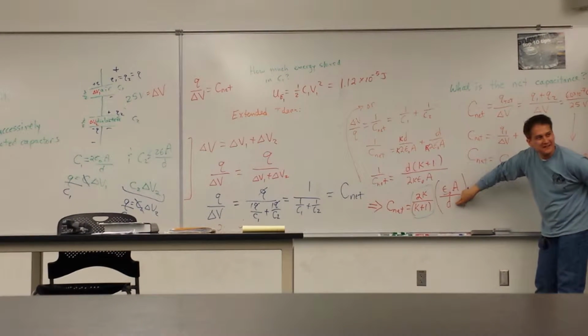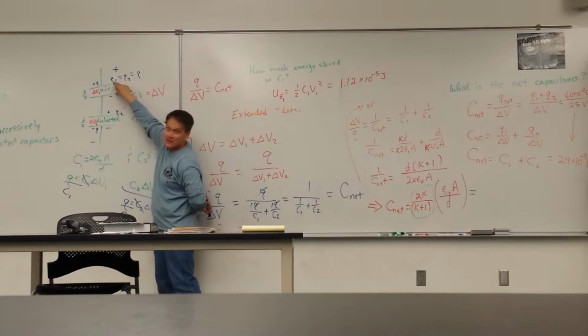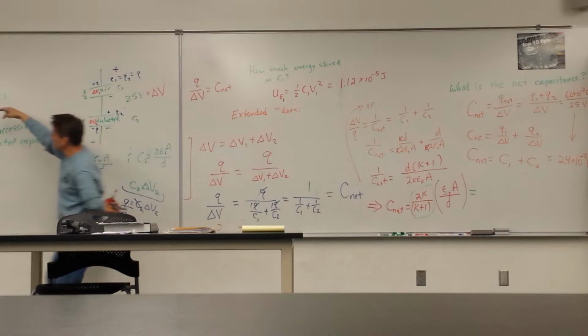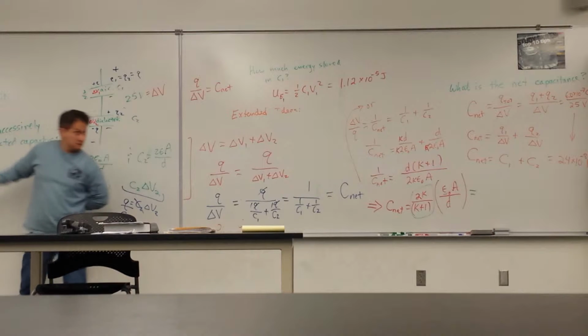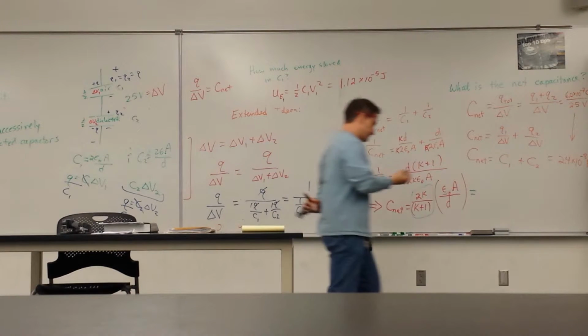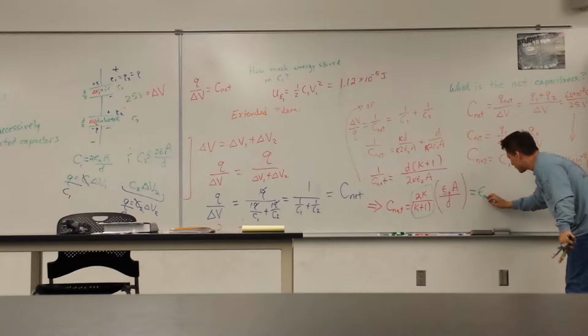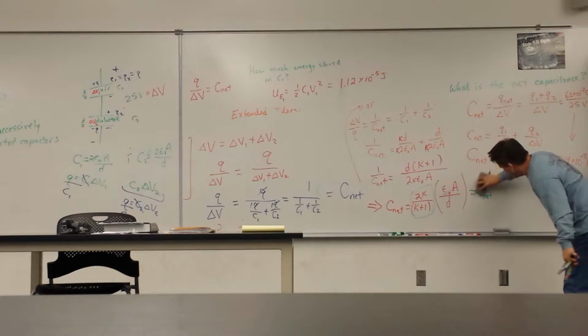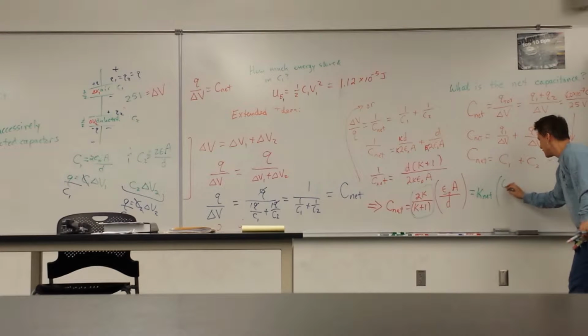This is an air-filled capacitor with a total separation distance of this plus this, which is kind of like a separation distance from here to here. If I call that the effective or the net kappa, then everything else does not change.